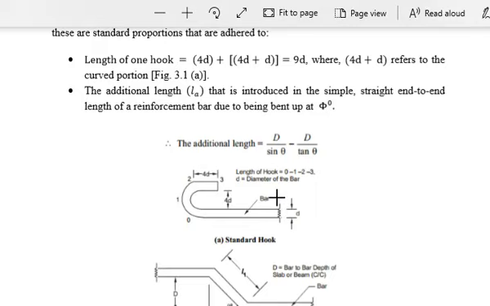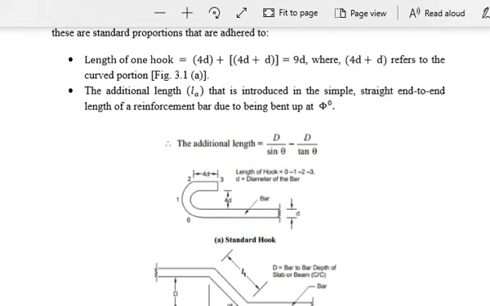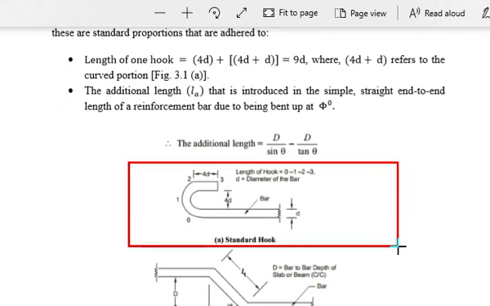So look here, the length of the hook. This is the hook, this portion is your hook. So how do they calculate the length? 4D, this is 4D from here to here, plus 4D plus D for this bending section.